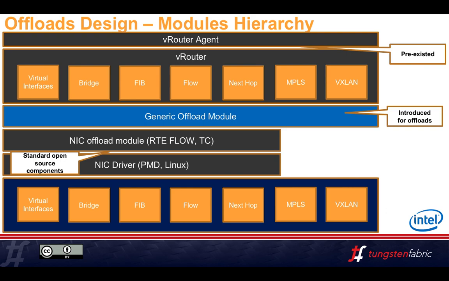So if at that layer I use RTE flow, then it doesn't matter what device I have underneath. I have abstracted the flow classification and the flow identification. And as long as that device supports these RTE flow APIs, then it shouldn't really matter, and the NIC will start providing metadata that will allow me to skip the lookups that I talked about in the previous slide.